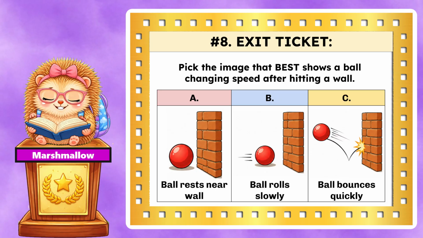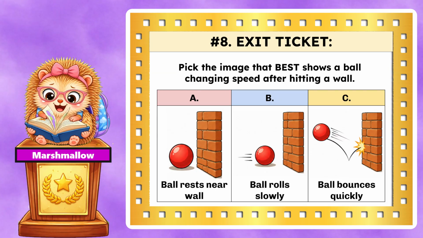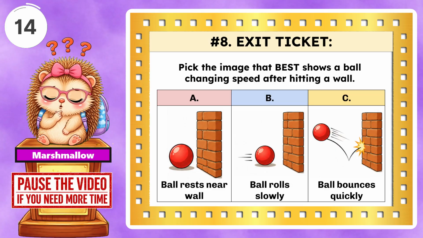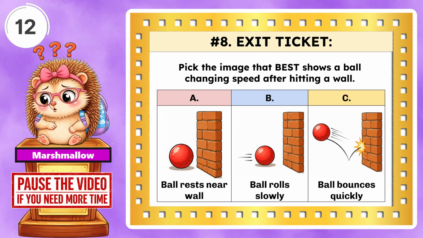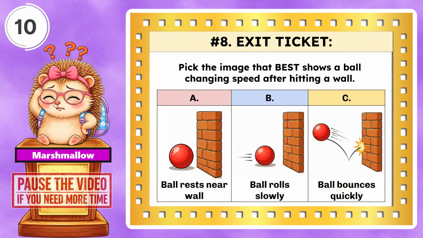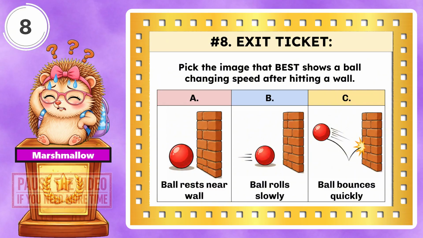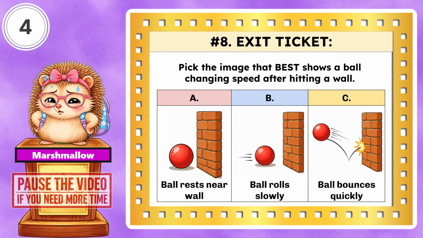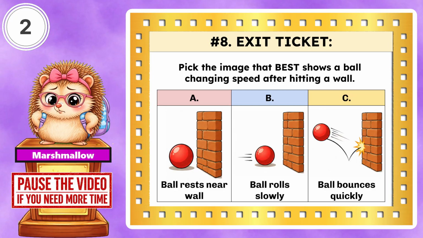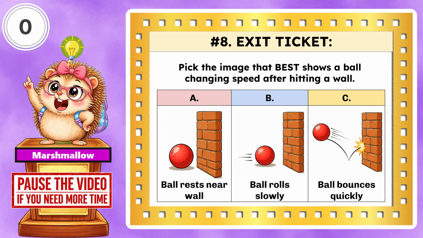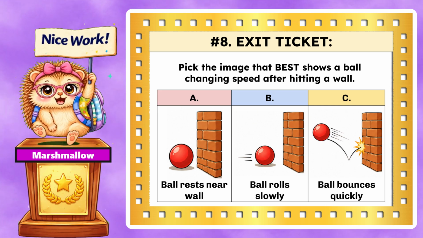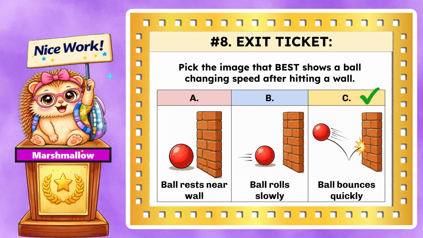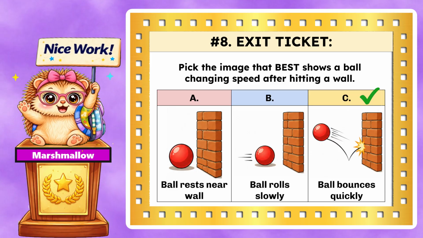Pick the image that best shows a ball changing speed after hitting a wall. And the correct answer is letter C. Ball bounces quickly.